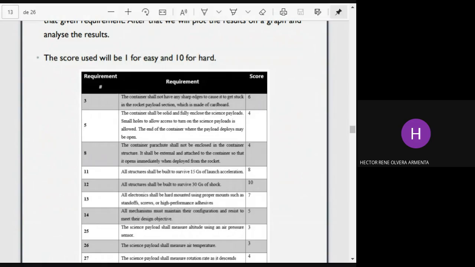That's why this requirement could be harder for us to achieve, because we are not used to seeing this kind of force in our daily life.